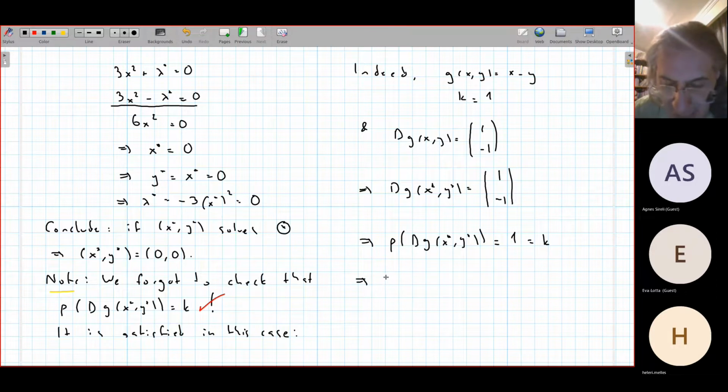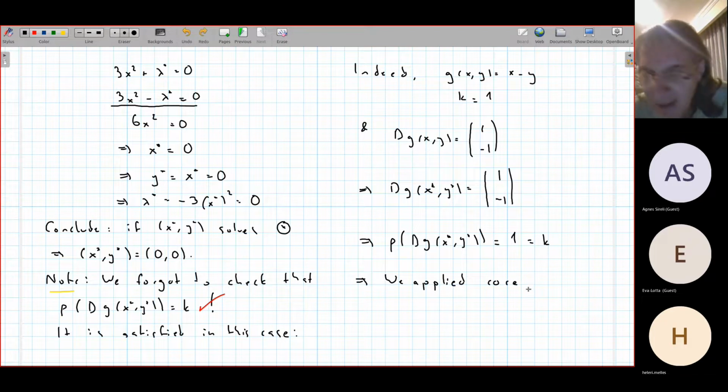And that tells you that the application of Lagrange's theorem was correct. So we applied Lagrange's theorem correctly.